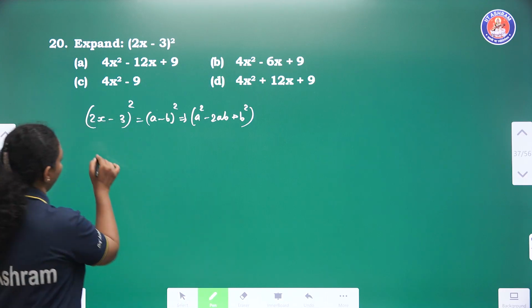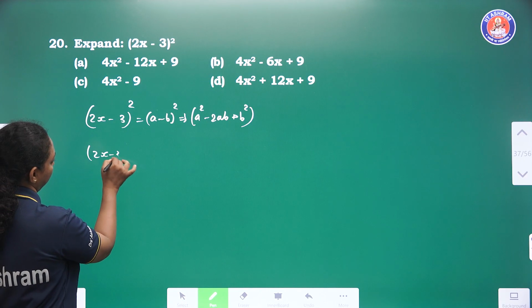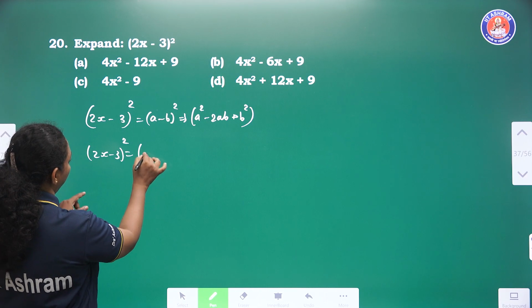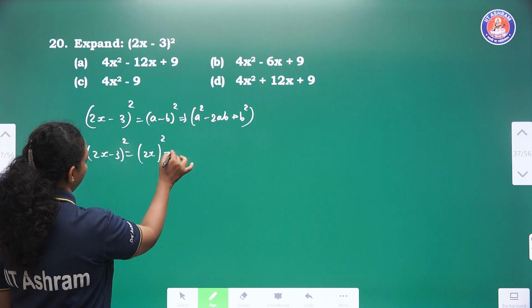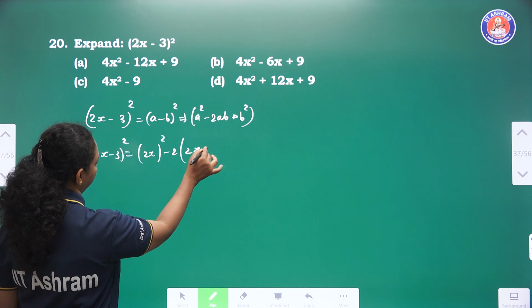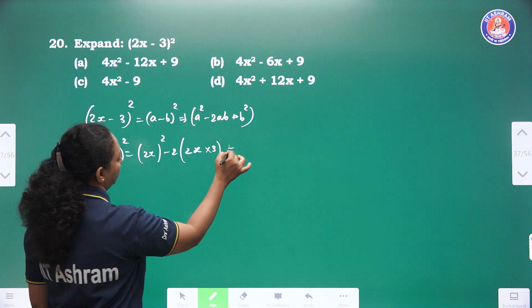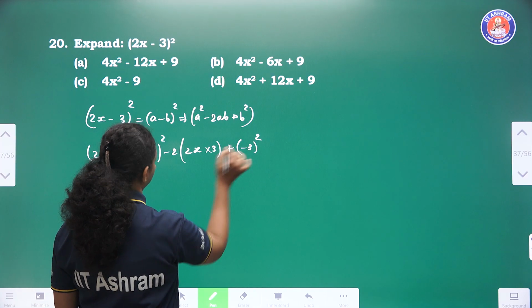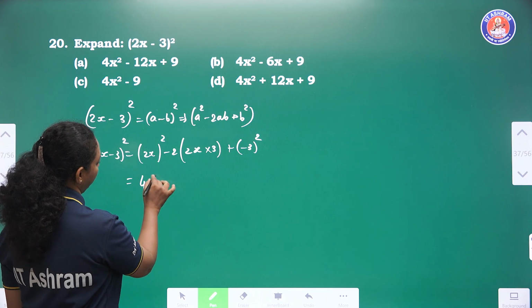In the same way, 2x minus 3 whole square is equal to 2x whole square minus 2 into first term into second term plus minus 3 whole square. So that is 4x square.